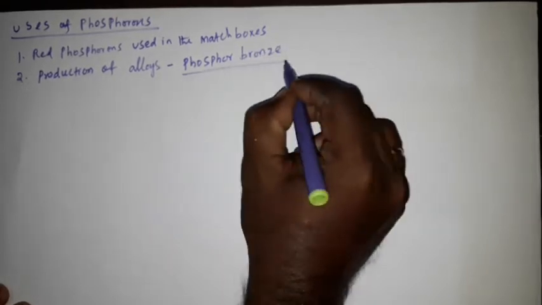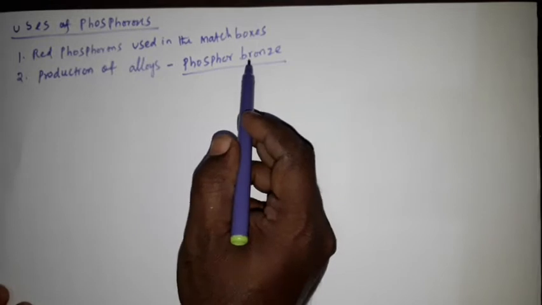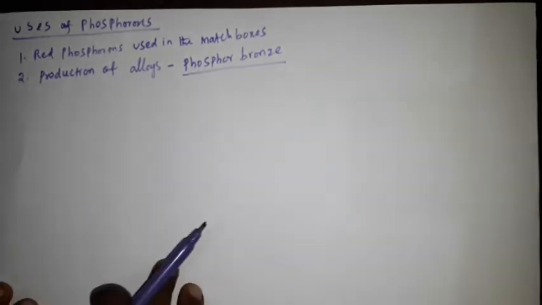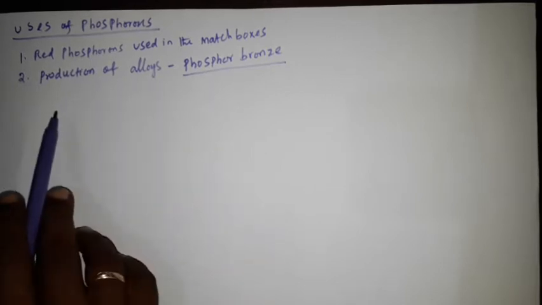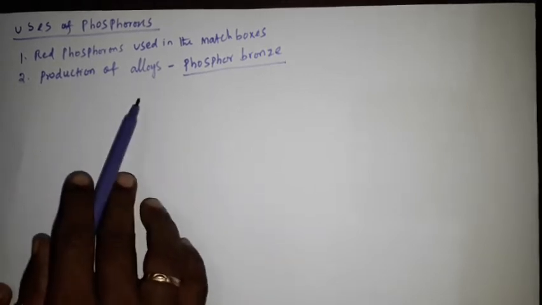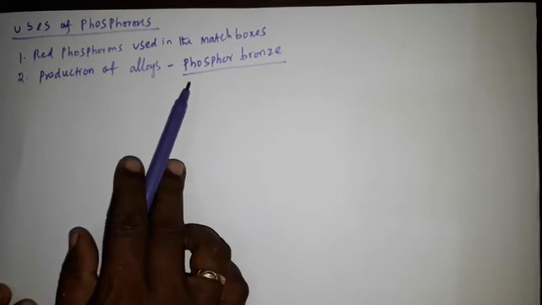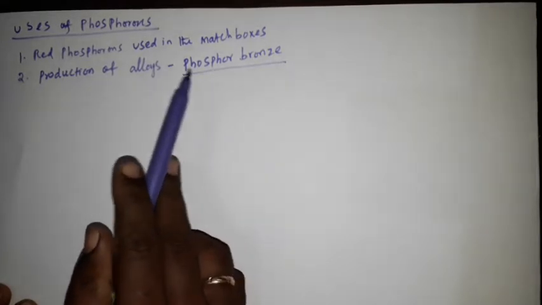So the name of the alloy is phosphor bronze. To summarize: red phosphorus is used in the matchbox, and it is used in the production of alloys, for example phosphor bronze. Okay, students.